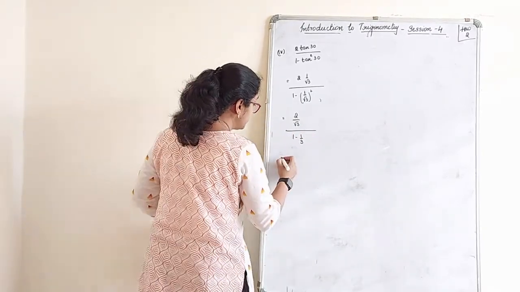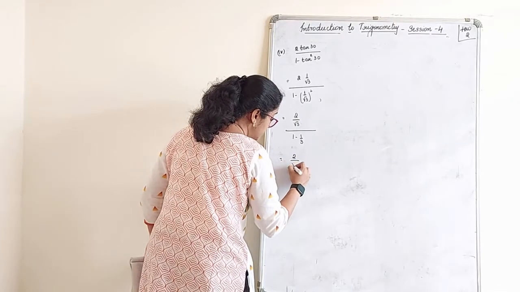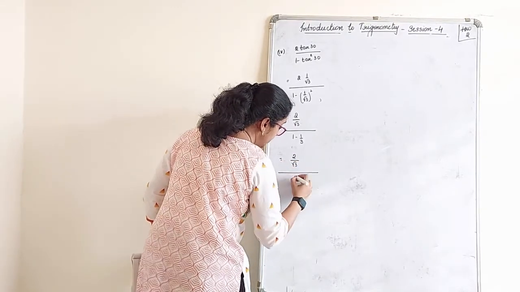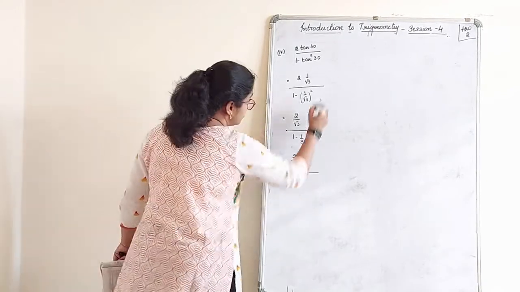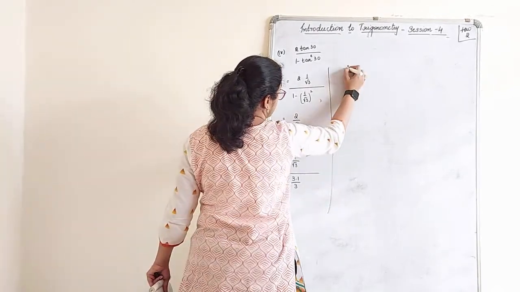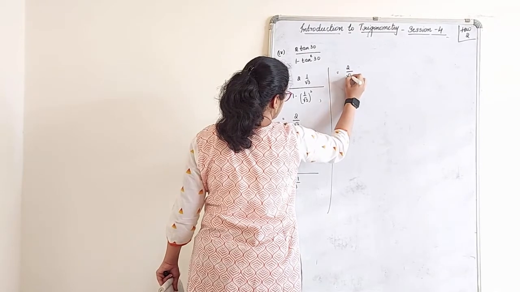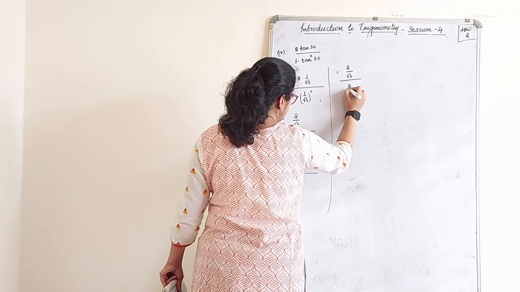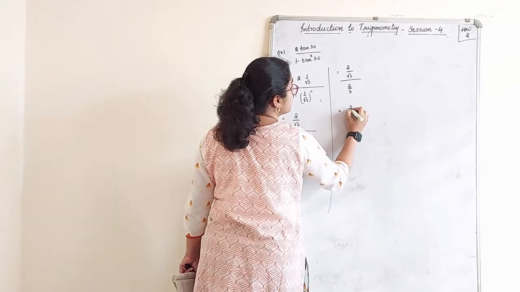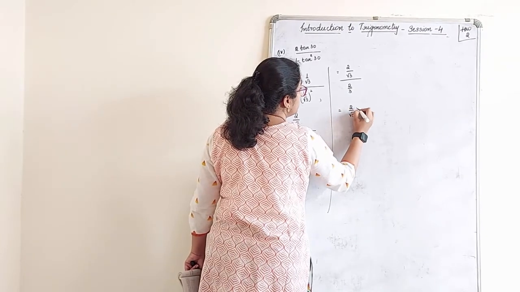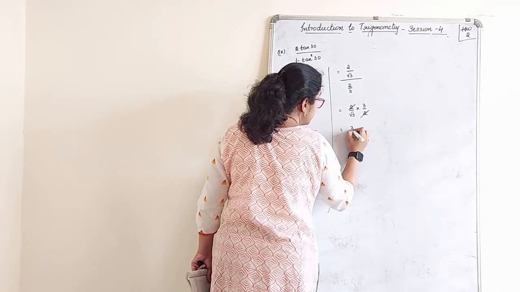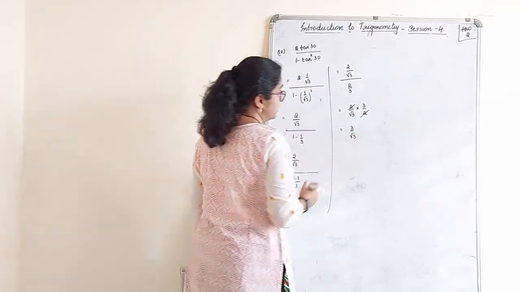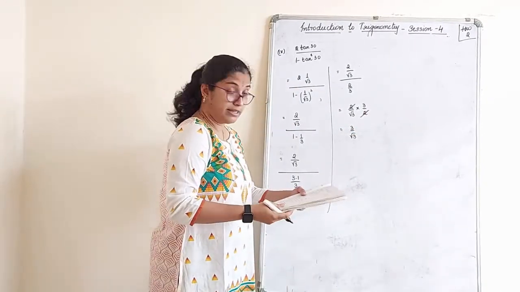Okay. Take the LCM. 2 by root 3 as it is, whole divided by 3 minus 1 upon 3. So 2 by root 3 divided by 2 by 3. 2 by root 3 into 3 by 2, cancel. Answer is 3 upon root 3, where none of the options are in that manner.